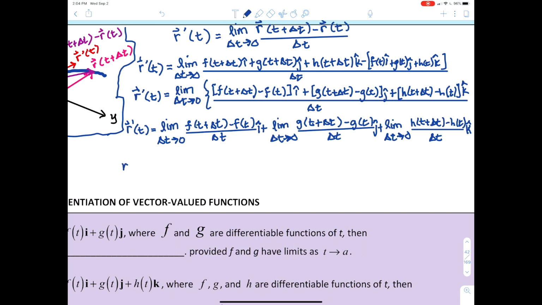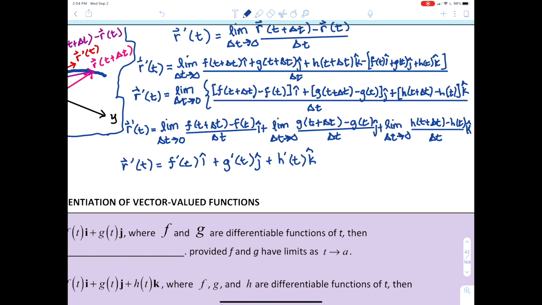Well, that gives us r prime at t is equal to f prime at t times i plus g prime at t times j, and then plus h prime at t times k. Isn't that cool?